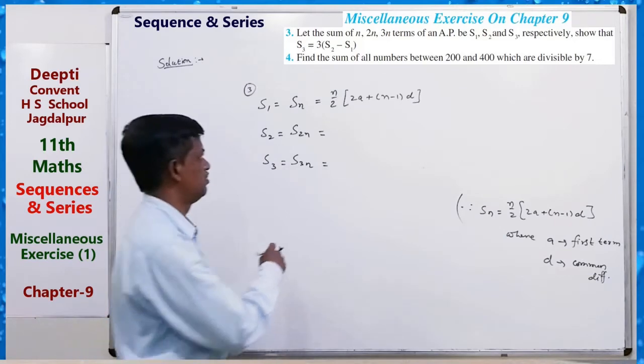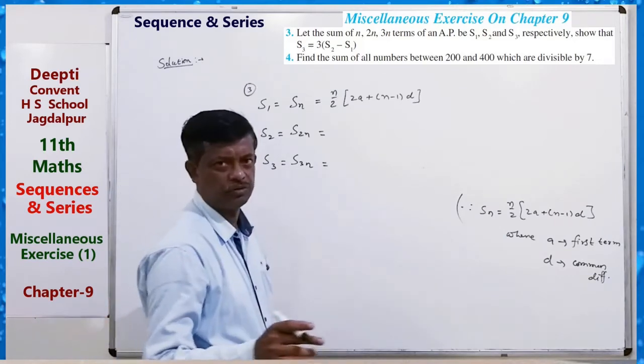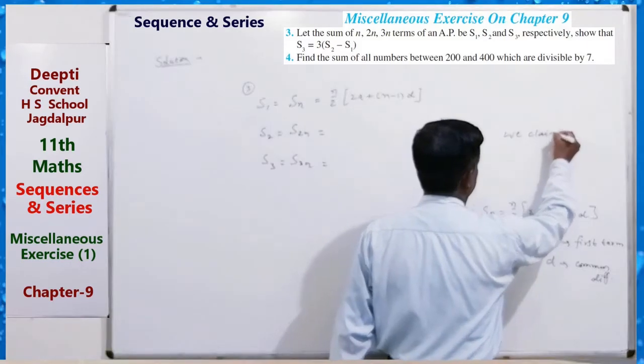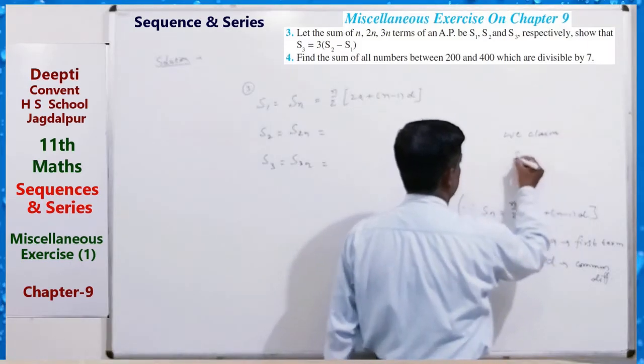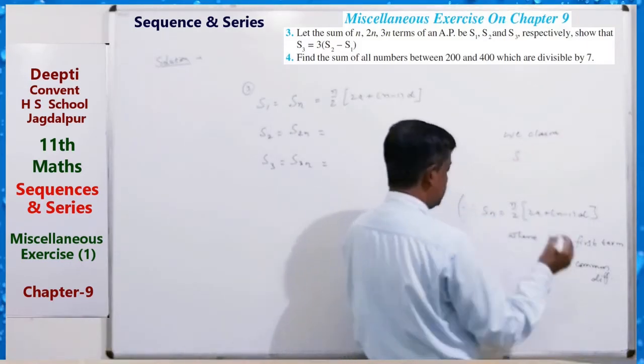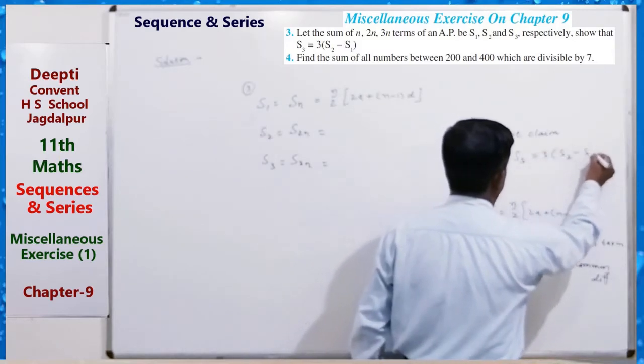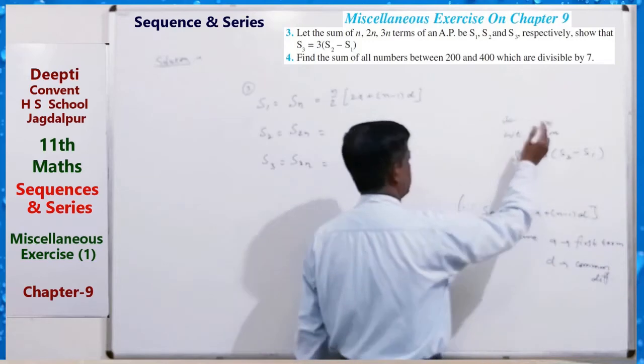So just write. We have to show what we claim. Claim means what? We have to show S3 equals 3 times S2 minus S1. Just this is our claim. We can show it.